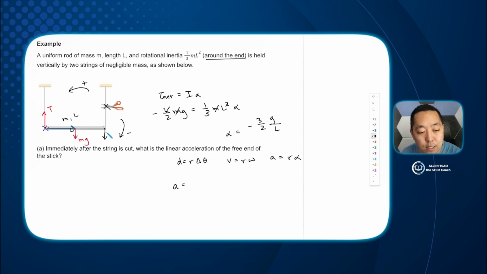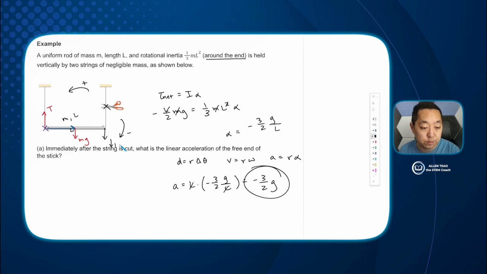If I want it at the end here, that distance is going to be L. And then we're going to multiply by the angular acceleration, negative 3/2 g over L. The L's cancel, and you get negative 3/2 g. And as you can see, the negative just indicates this is down. And there's some consistency with the down and clockwise being the negative directions.